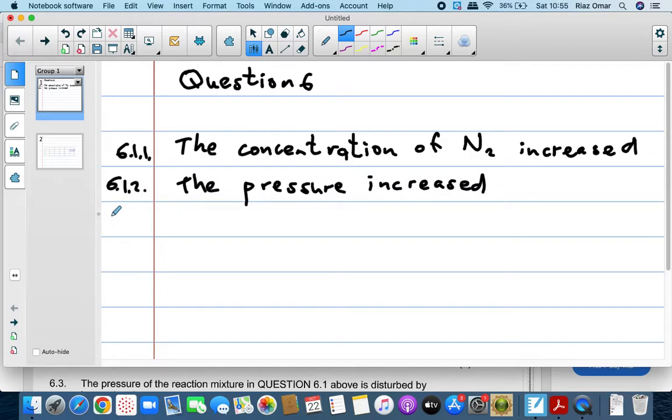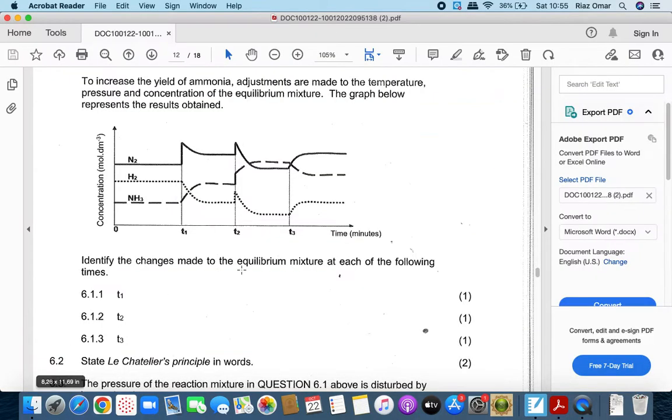And then 6.1.3, let's see what happened at 6.1.3. At 6.1.3, we see that there was a change, so that the solid line goes up, nitrogen went up, and hydrogen went up. And we can see that the ammonia went down.